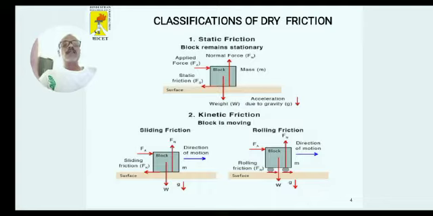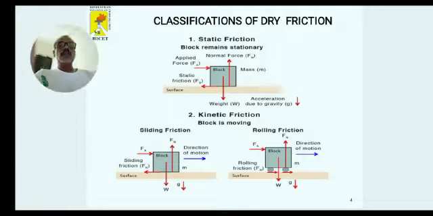Another is the applied force, FA. Now the block is not movable, because FA is equal to the frictional force Fa. That is static friction: the applied force and the frictional force are equal, so the object remains in the static condition.